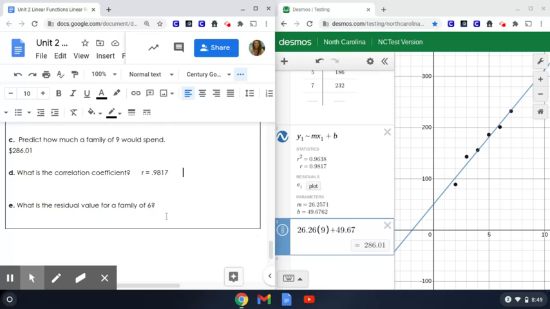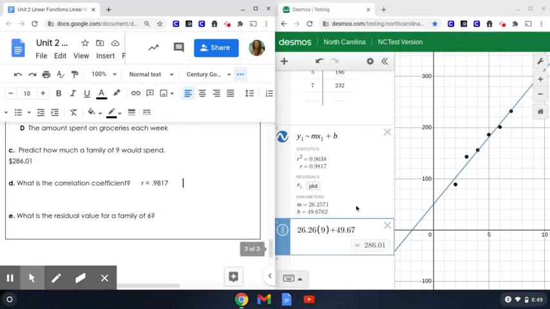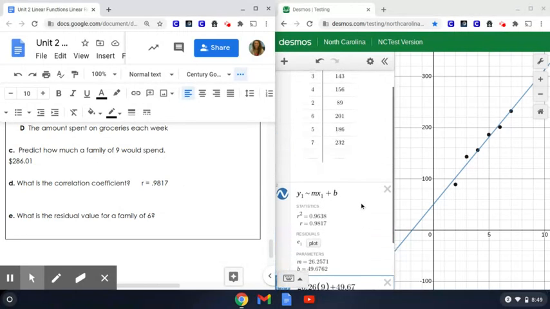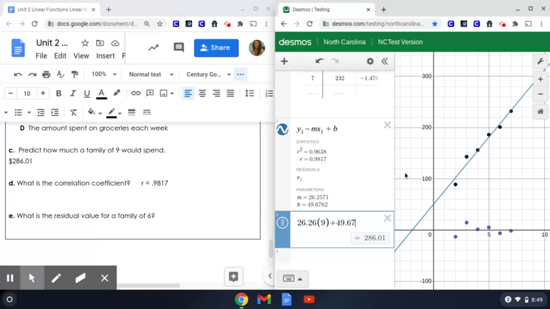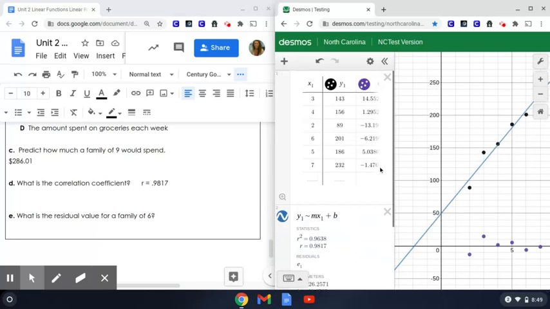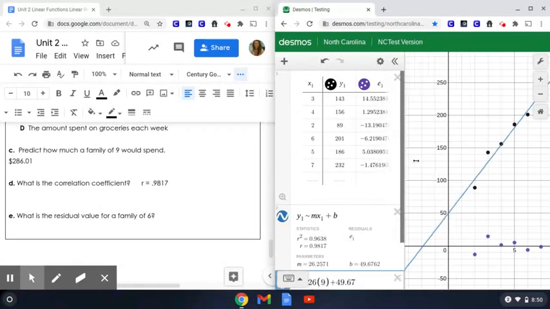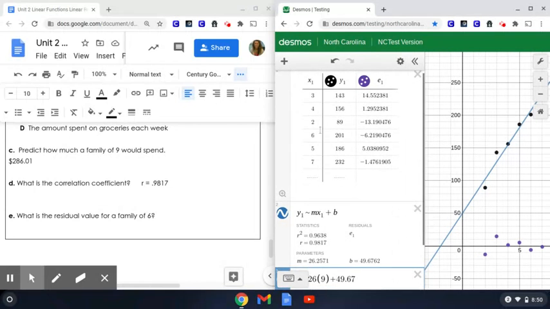All right. And if we look at the residual value for a family of 6, Desmos will do that residual for you. You can just click residuals, the plot button. And what that does is up here in our table, it's going to tell us the residual value. So we're going to look here at a family of 6.